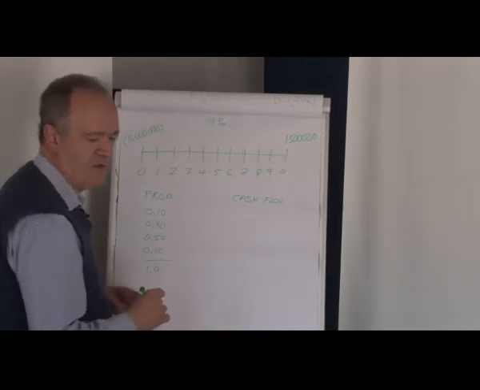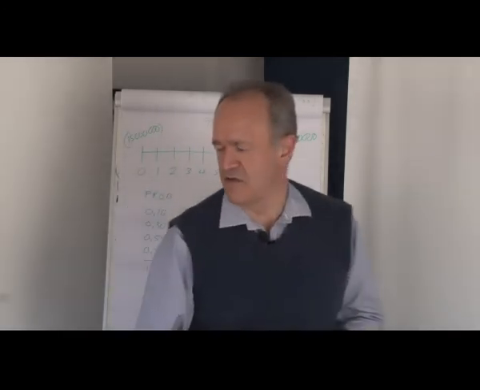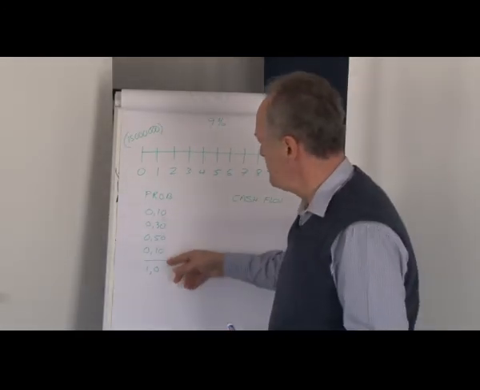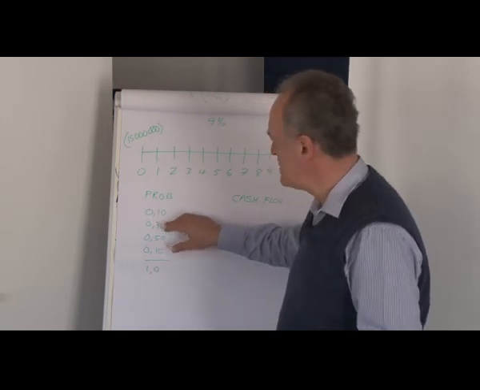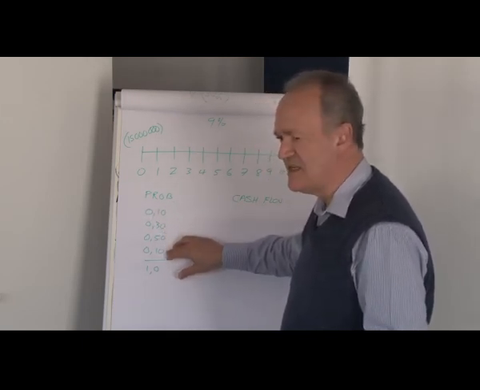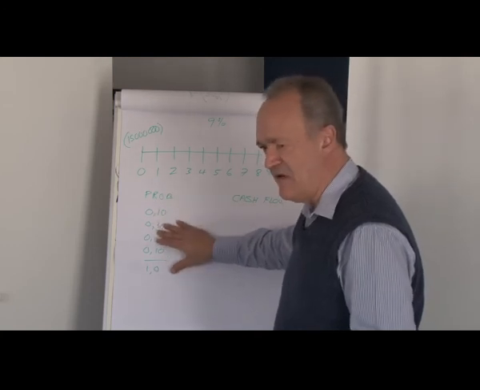When you're looking at the probabilities, they will always add up to 1 if you're using decimals. Or that could also read 10%, 30%, 50%, 10% of the time.